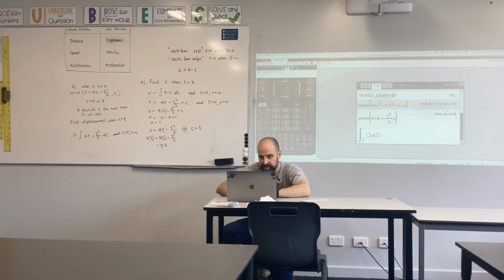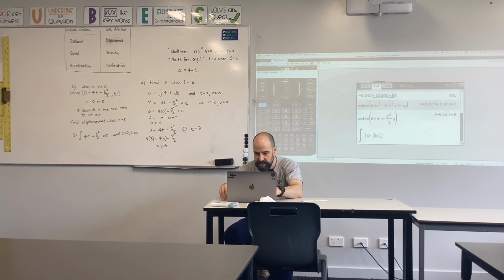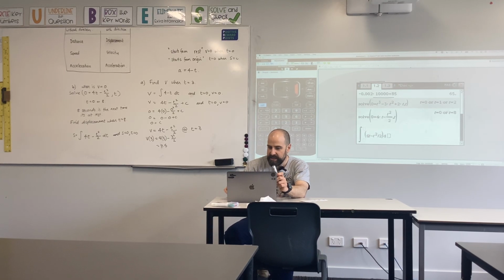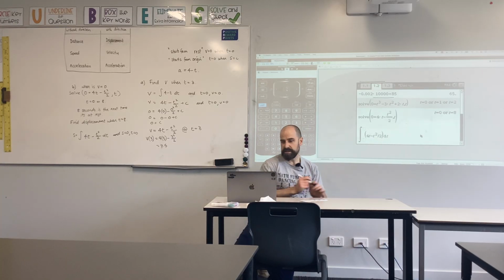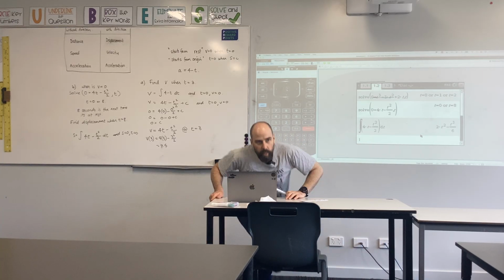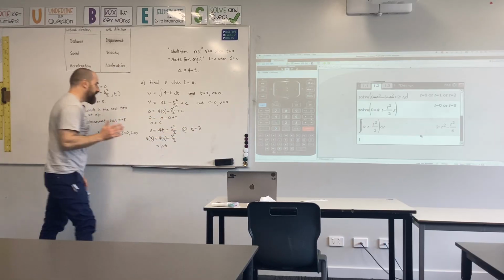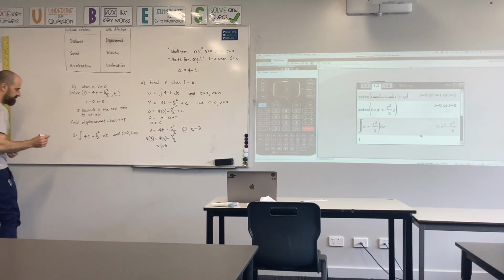Put your formula in here. 4t minus t to the power of 2 divided by 2. And we need to put what our variable is in at the end, dt. What this doesn't do, the calculator does not give me c.